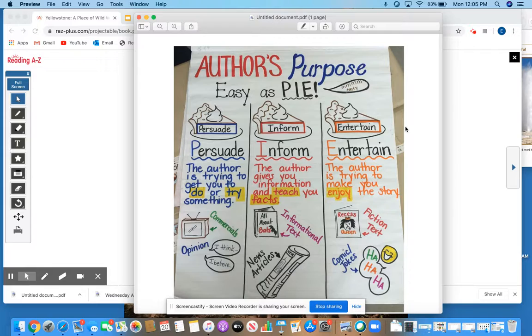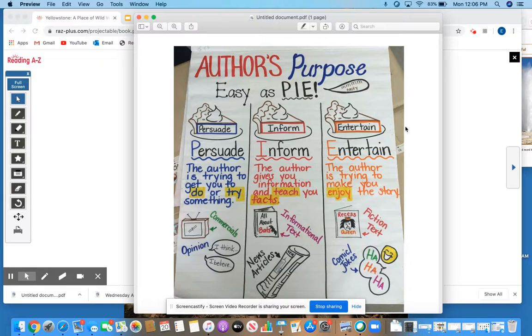When we watch commercials, they are trying to convince us to go buy something, to go watch a show. When I see a commercial for my favorite kind of cereal, they make it look so delicious and they are persuading me to buy it. Next time I go to the grocery store, I'm going to want to buy that kind of cereal. So that is one reason an author would write something, to persuade.